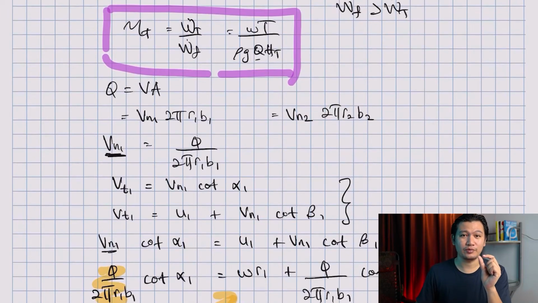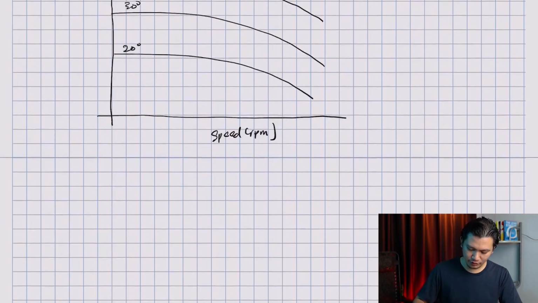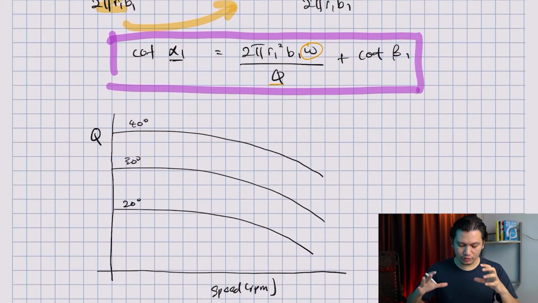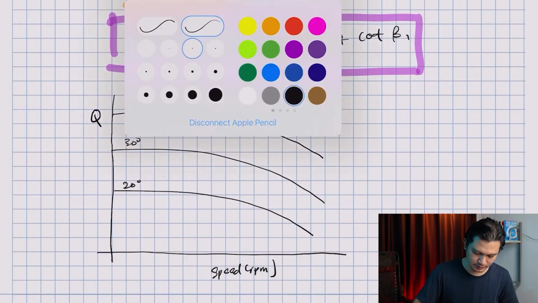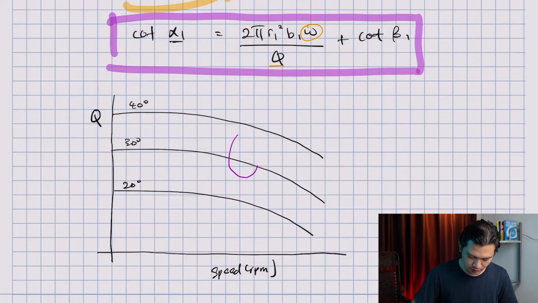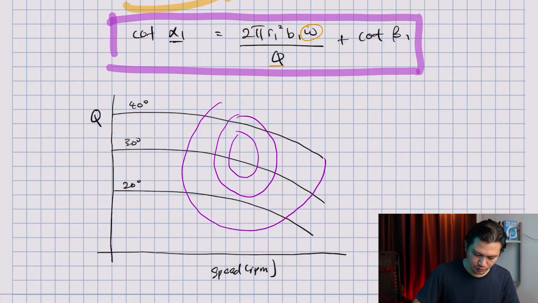This efficiency will also be different at different operating conditions of the turbine. Therefore, when you plot the efficiency on top of this graph, you will have something that looks like this. This will be your efficiency curve. The highest efficiency would definitely be in the middle.